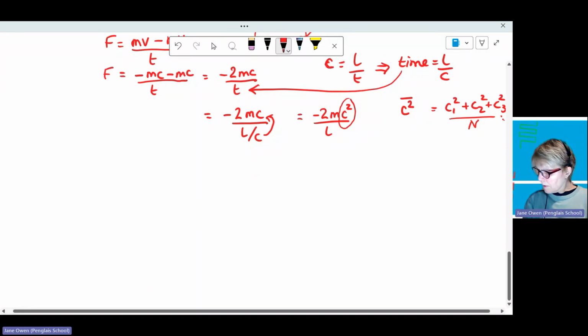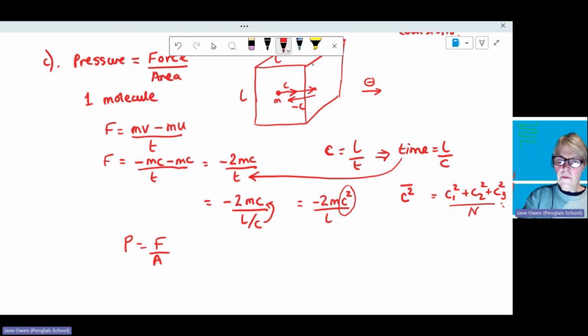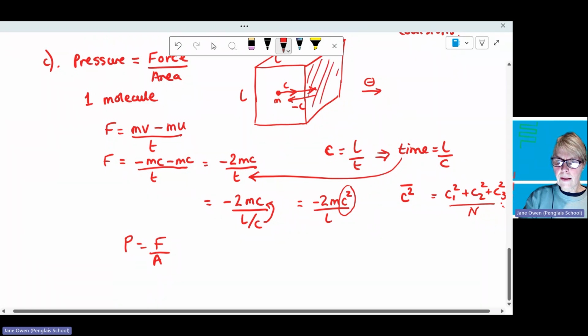So moving on, we need to combine this a little bit. Pressure is equal to force divided by area. The area of the face that it's hitting is given by L squared.